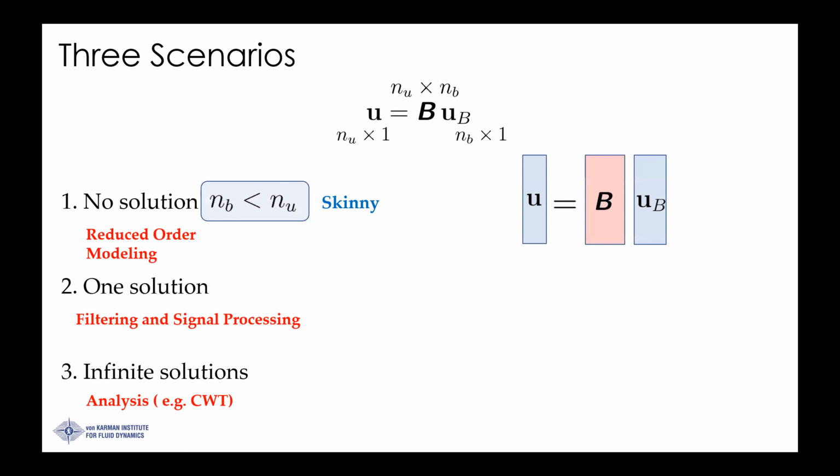Now, no solution is because your system is what we say skinny. So you have too many equations, and you have fewer unknowns. Okay, so in this case, unless you're very lucky that your vector lies exactly in the span of the columns of B, you will not be able to find an exact solution of this process.